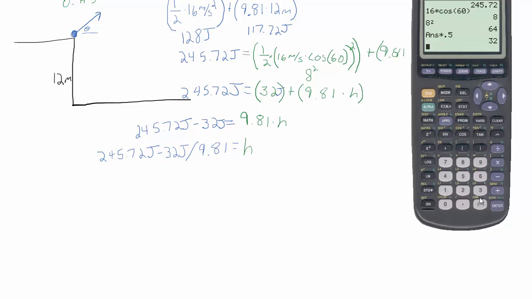So let's calculate this out. So 245.72 minus 32. That gives us 213.